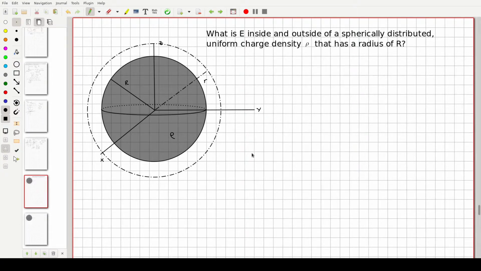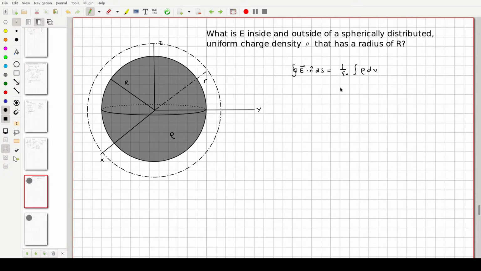It's constant. Now, let's write down our Gauss's law. Gauss's law looks like this: the closed surface integral of E dot n hat dS is equal to 1 over epsilon naught times the integral of rho dV.